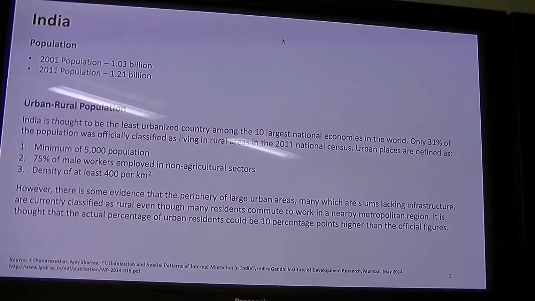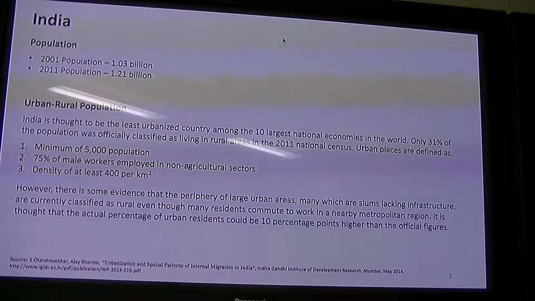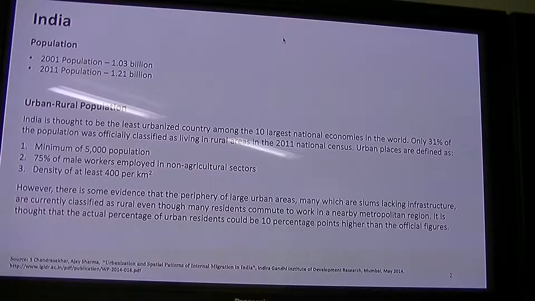Until 2 weeks ago, they had separate tax systems. And if you were trading between states, you had border controls between the states, so it hardly acts as a country. It's really like a collection of 30 different countries in certain ways.